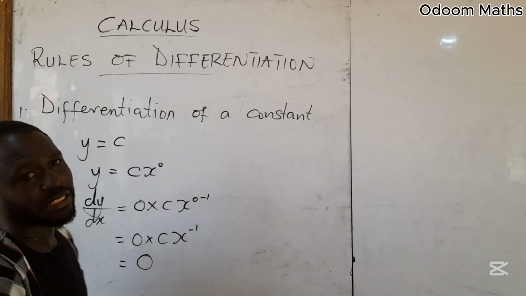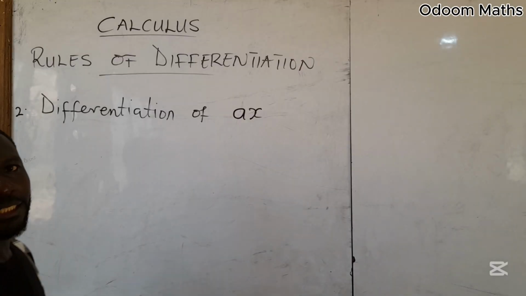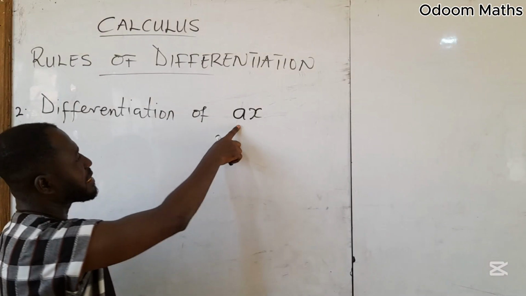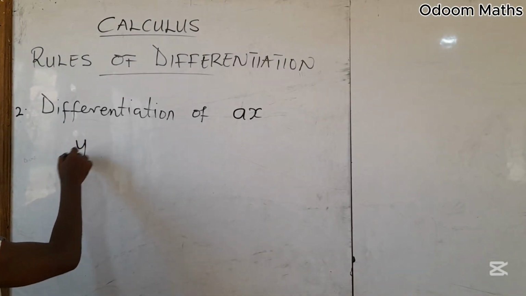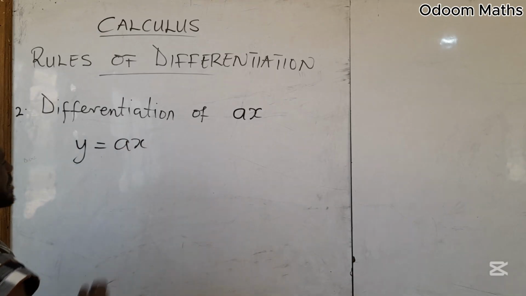Now let's look at the next rule. Let's look at differentiation of ax, where a is the constant. Let y equal ax.